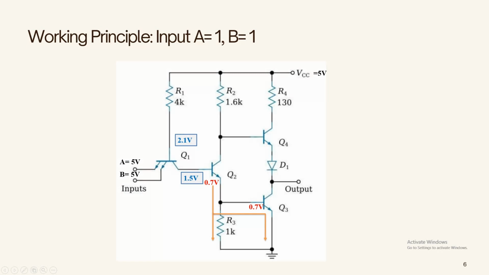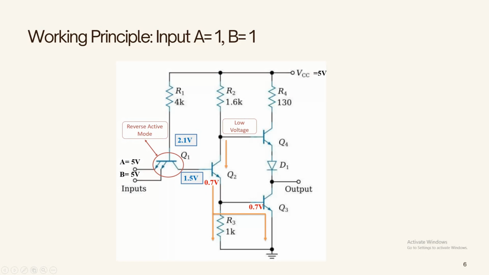So in this case, we can see the emitter has higher voltage than the base. So the base emitter junction is in reverse bias mode, and the base collector junction is in forward bias mode. This satisfies the condition for reverse active mode for Q1. So it will be operating in a reverse active mode condition. Now, if we focus on Q2, as the transistor remains on, there will be current flow through this transistor.